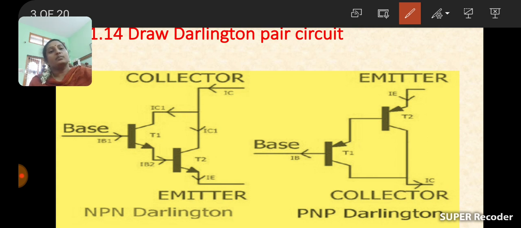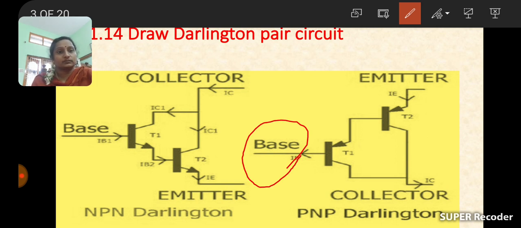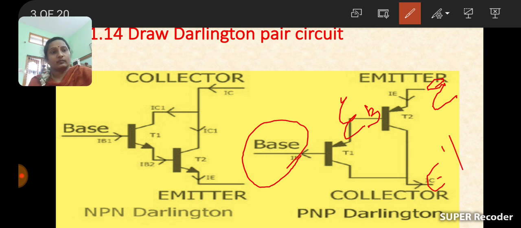The input voltage is applied across the base terminal. Here the input voltage is applied across the base terminal, and whatever the voltage we are getting, that is again passed to the collector.